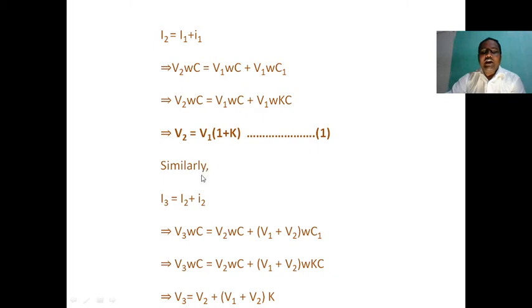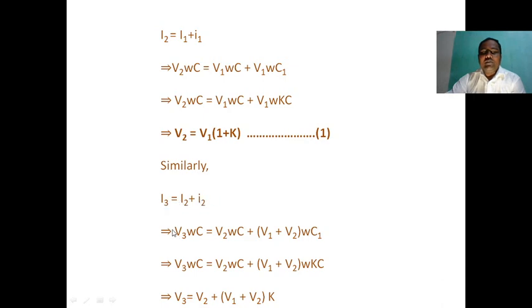Similarly, take another node, where I3 is equal to I2 plus small i2. I3 is the charging current due to self capacitance. Small i2 is the charging current due to shunt capacitance. Current entering the node is I3, current leaving the node is I2 plus small i2.